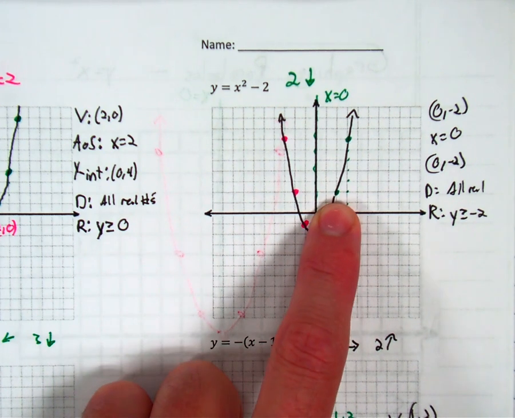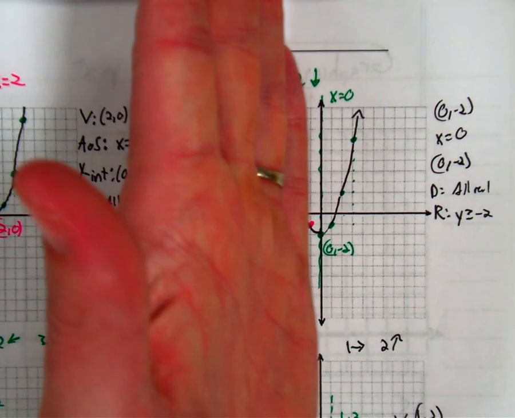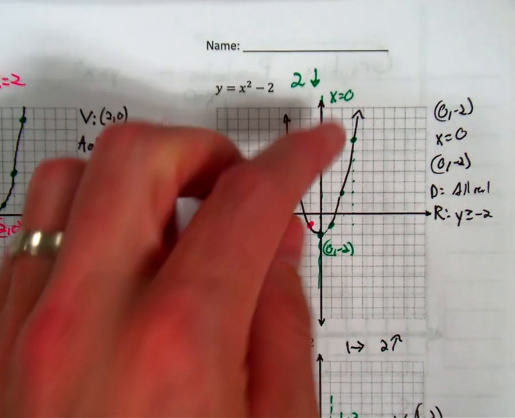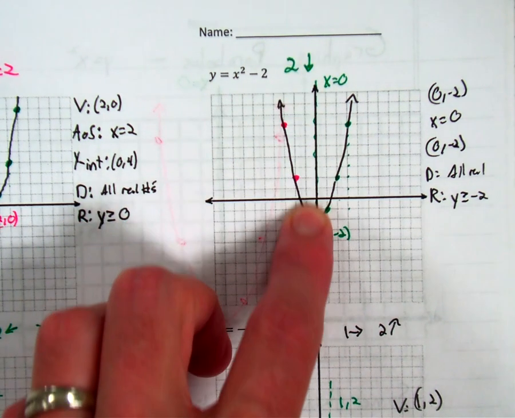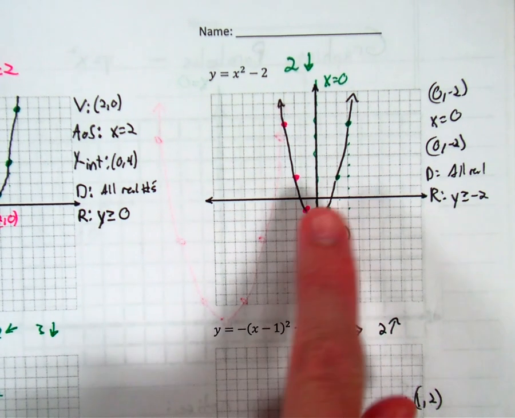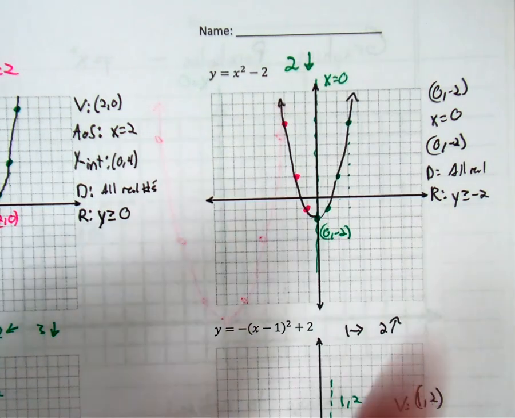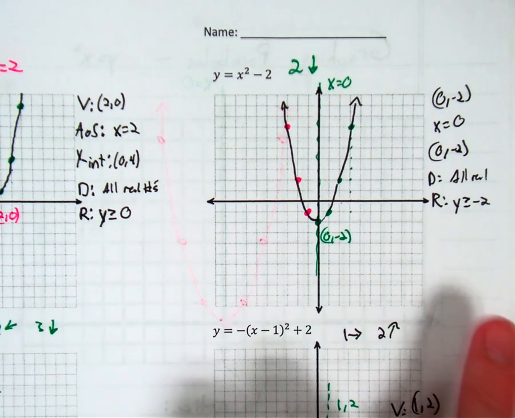That'd be the minimum. I did over 3, up 9 as well. Then we have our axis of symmetry, which happens to be the y-axis. X equals 0, matches the x-coordinate. Flip them over. Curve it out, and let's answer our questions.